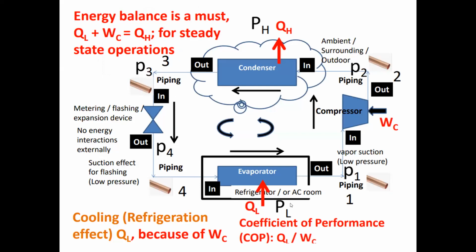You are familiar with this slide. So when you take the system, the evaporator, you are receiving heat because this is at low temperature. You are receiving work to the system, and all should be released as heat, because work and heat are two forms of energy, but all energy is released as heat here. Okay, so your cooling or refrigeration effect is this heat received at the low temperature.